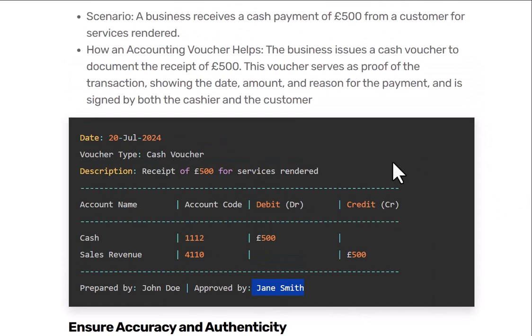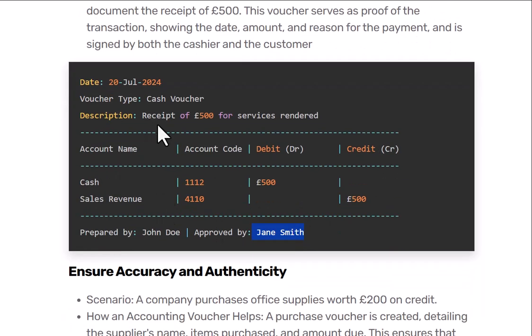So if we talk about debit and credit, this voucher is saying receipt of £500 for services rendered. That means I received £500. If we see here, the code is 1, which means assets.